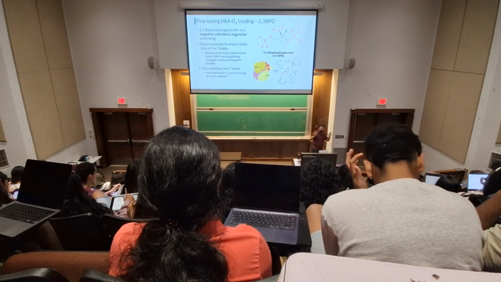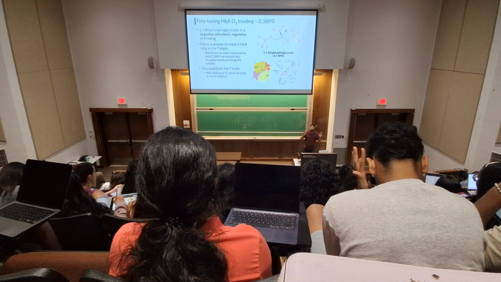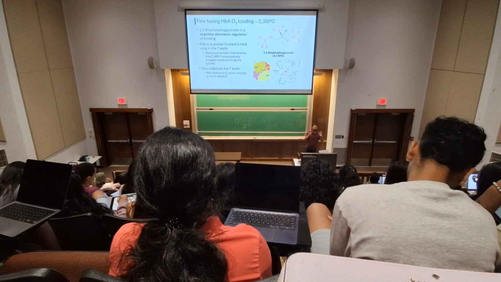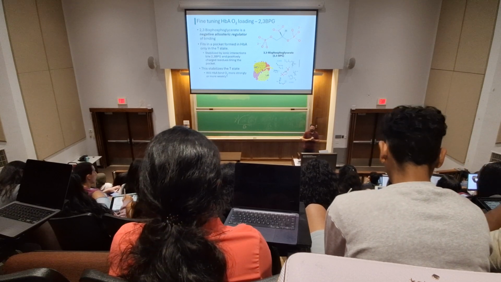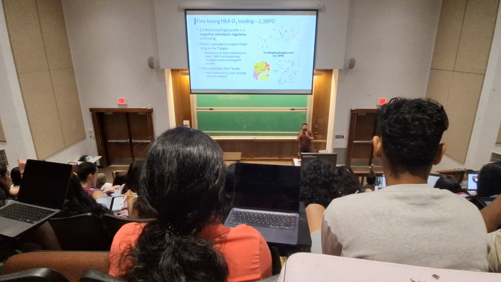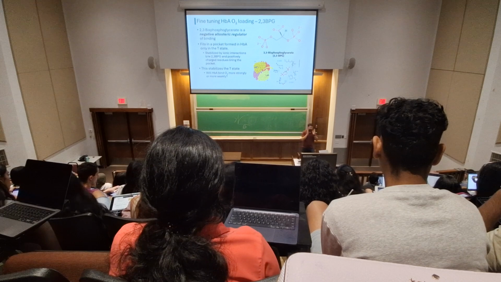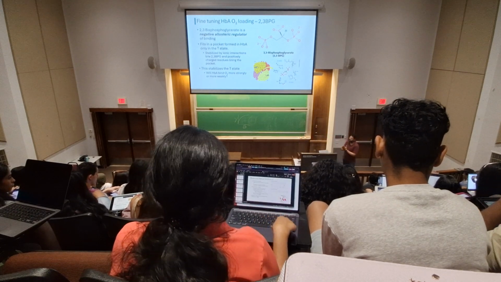So if we look at the loading curve, which way is 2,3-BPG going to shift that curve? Is it going to shift it to the right, or is it going to shift it to the left? Raise your hand if you think it's going to shift it to the right. And to the left? All right. So why would it shift it to the right instead of to the left?